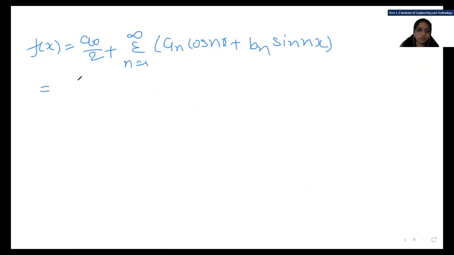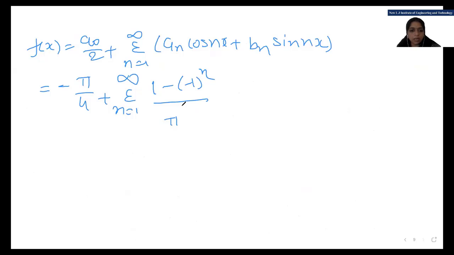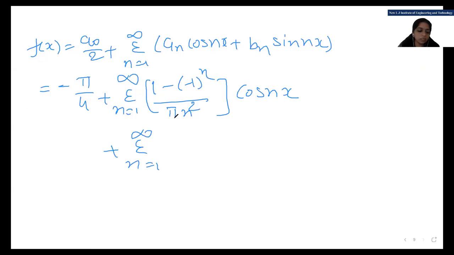So this is minus pi by 2 into 2, so minus pi by 4 plus summation n 1 to infinity, the value of an, that is 1 minus minus 1 raised to n upon pi n square, into cos nx plus summation n 1 to infinity, the value of bn is minus 1 raised to n minus 2 upon n into sin nx.